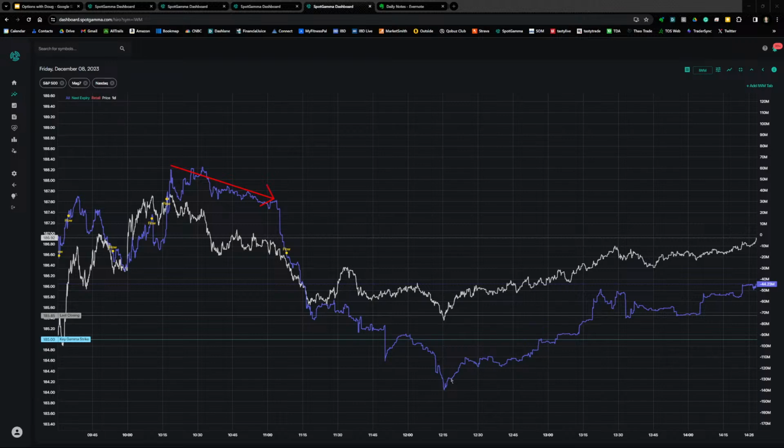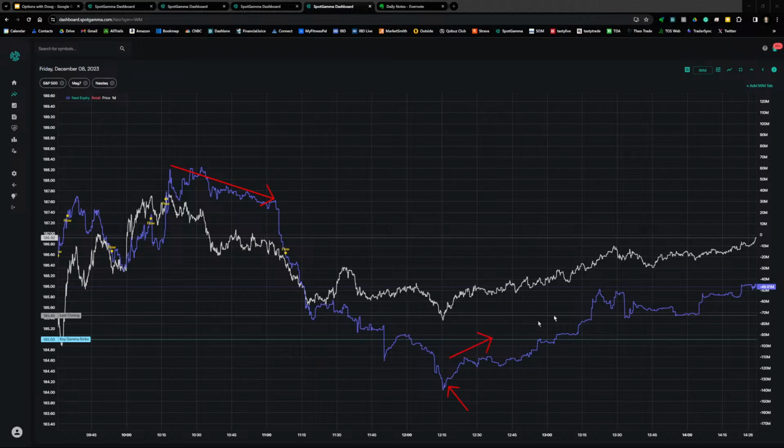Then around 12:15, just like everything else, I don't know if there was some event at 12:15. Traders start taking positive delta positions, and then price starts to respond higher. And I do not have IWM in Bookmap.